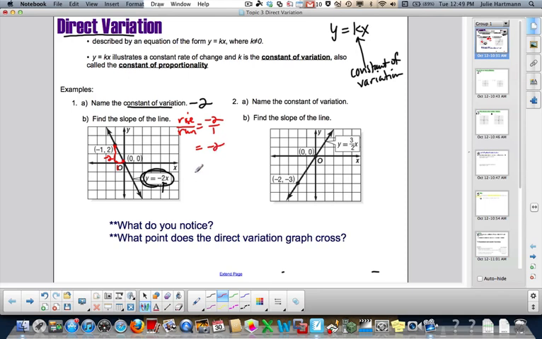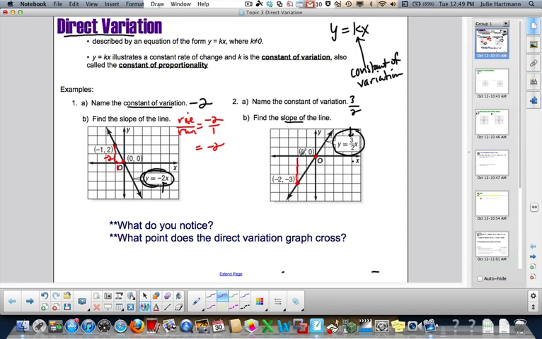Interesting. So let's look at our second one. Our constant of variation, we have this equation right here: y equals 3/2 x. So what is our constant of variation? 3/2. Okay, and then find the slope of the line. Here are 2 points.